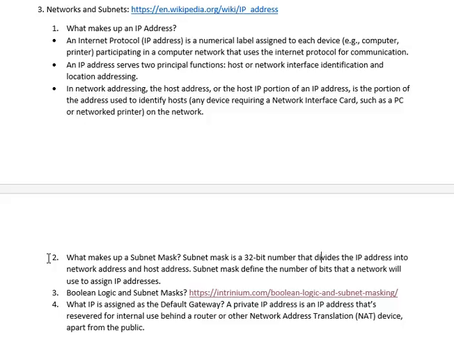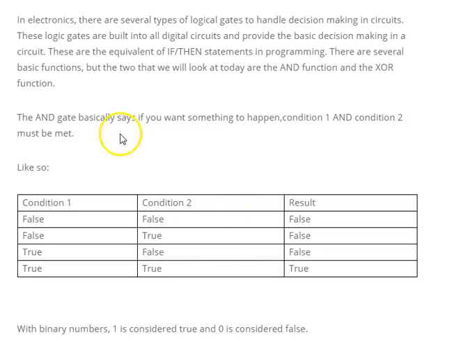We have Boolean logic and subnet mask. There's a really good article related to these two matters. In electronics, there are several types of logical gates to handle decision-making in circuits. These logical gates are built into all digital circuits and provide the basic decision-making in a circuit.